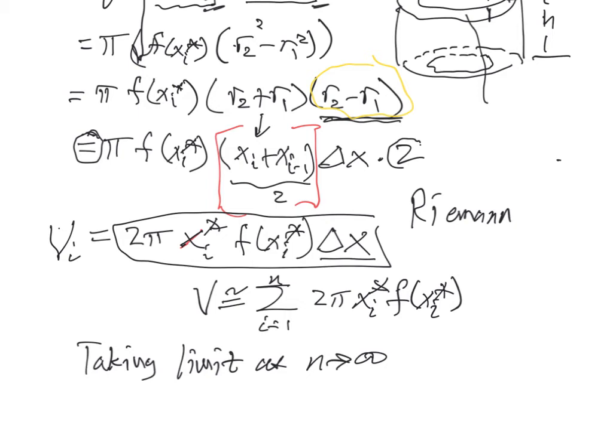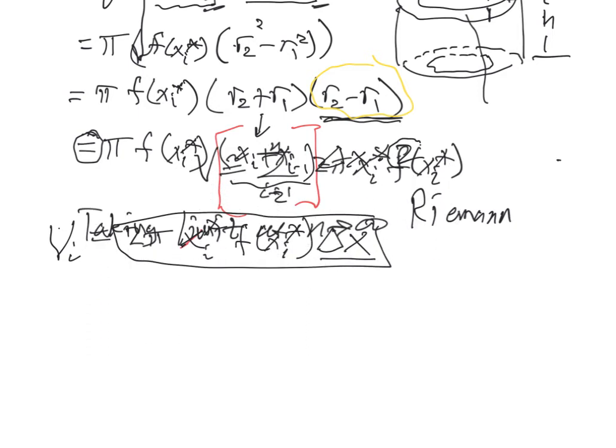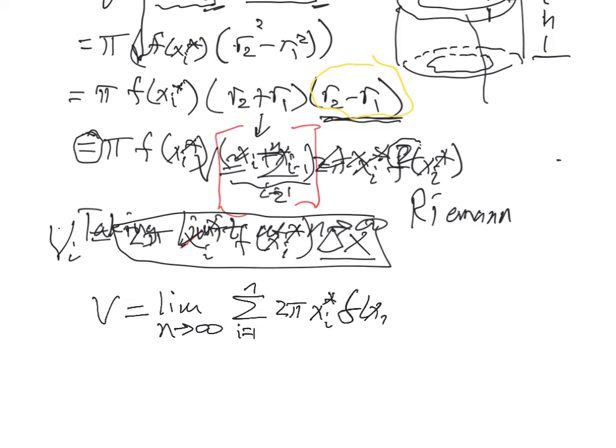I'll write it out and then we'll make an observation. Oh my goodness. So the volume is exactly equal to the limit as n goes to infinity of the summation, i equals 1 to n, of 2 pi xi star f of xi star delta x, which we recognize because this is a Riemann sum.